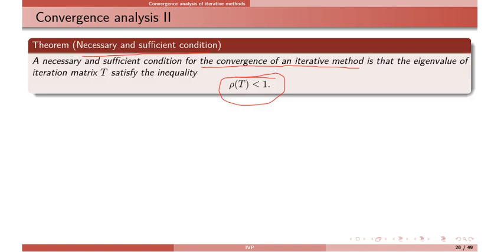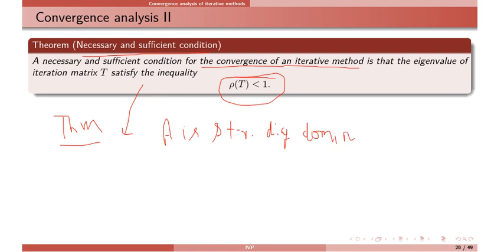And one more condition for convergence that I skipped here, which says that actually this result follows from this one. If matrix A is strictly diagonally dominant, then any method will converge.